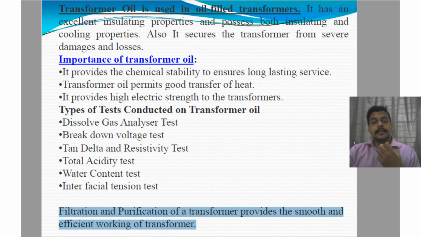Hence, this is a business opportunity for you to make equipment which filters or purifies the transformer oil. So the substation persons or industry persons come toward you, wanting to purify the transformer oil, and with the help of filtration and purification techniques, you can purify the transformer oil.